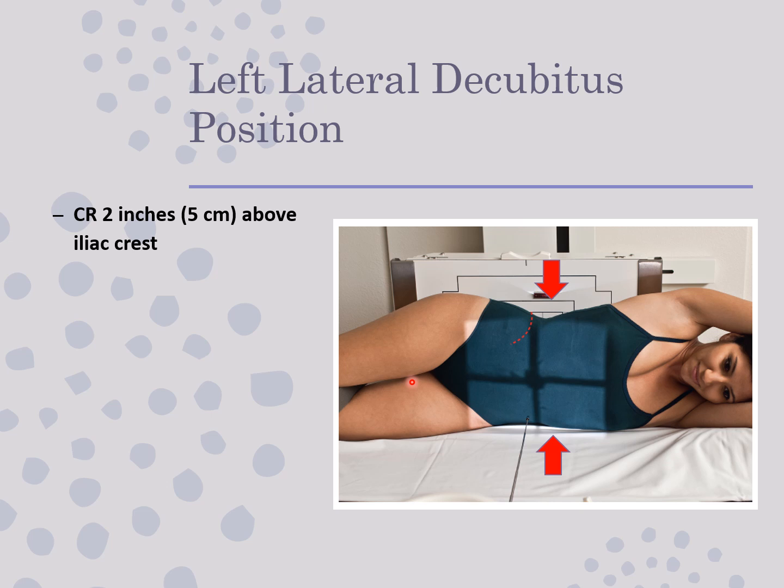Once you go to 2 image receptors with overlap, the central ray kind of goes out the window. Hopefully between this lecture and meeting in class, that will make sense. So even though the picture in the book is super confusing, I feel like this is demonstrating, even though they're visualizing the CR at the crest, it should be 2 inches above the crest at midline.